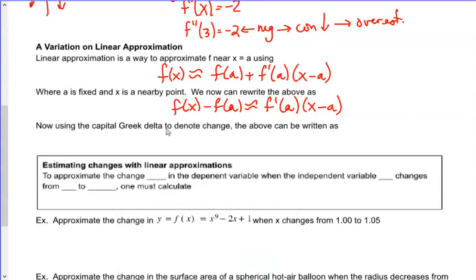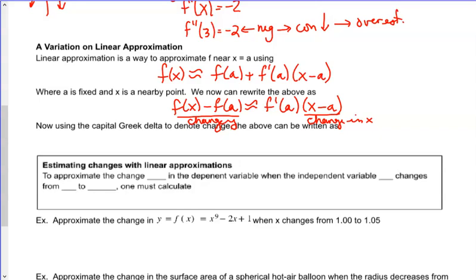Now, when we talk about change in things, a change in something means I have to take the difference of that. For a change from 3 to 7, it is 4 because I take 7 minus 3. So this should look like a change in our y values, okay, between x and a. This is a change in our x values between x and a.